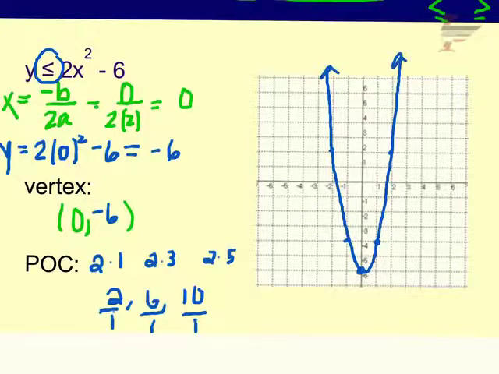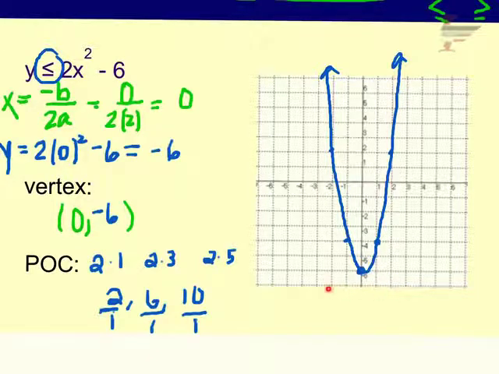Now the shading that we do, we're used to shading above or below. This is kind of a shading inside versus outside. If it's less than or equal to, here's one thing you can do. You can go to your vertex. Now less than would be a below than. So I'm going to go below the vertex.